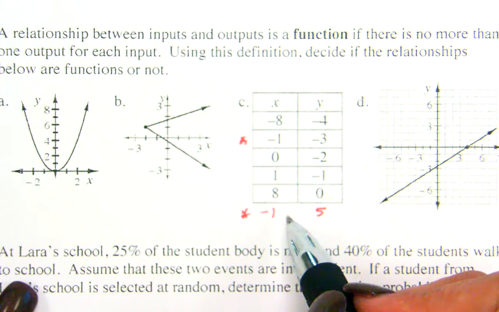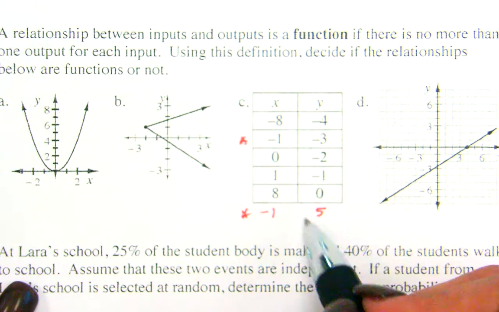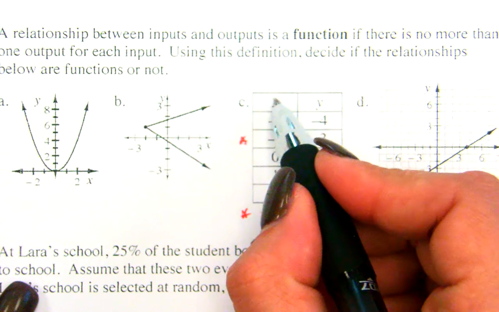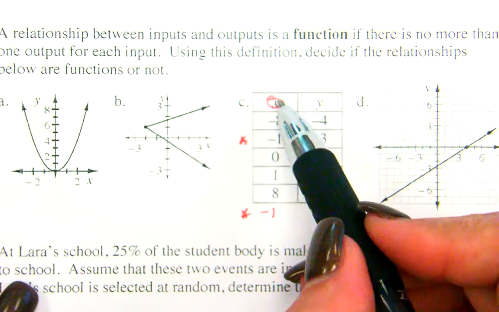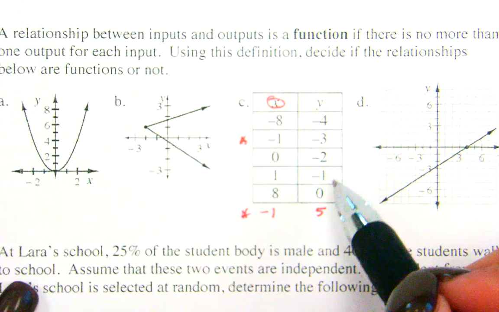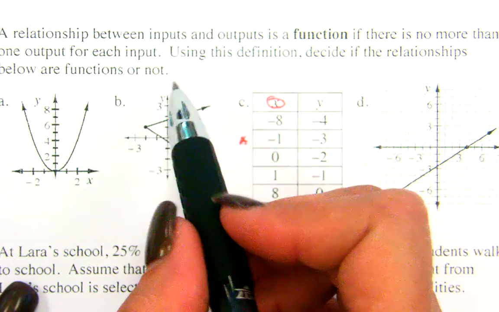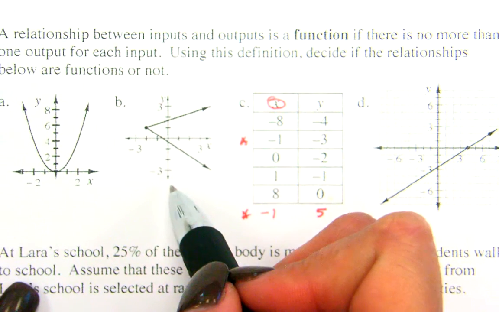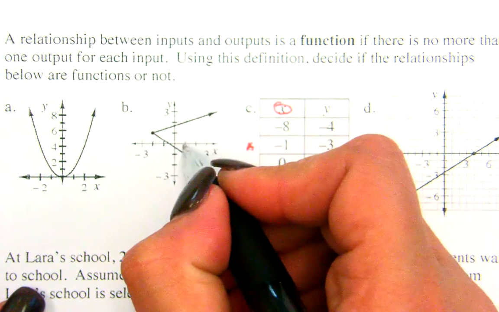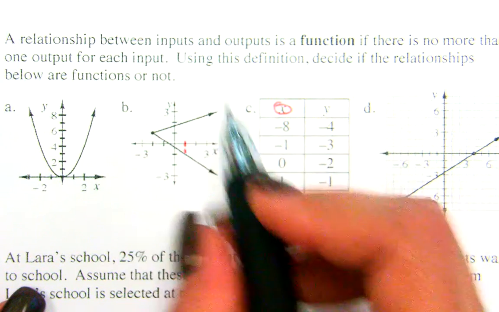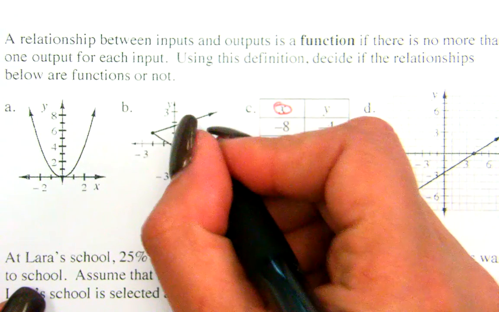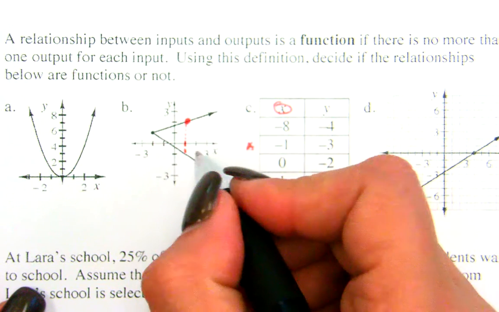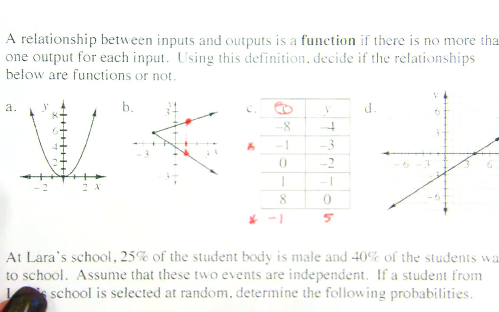So looking at it from this standpoint, you cannot have more than one of the same X value that gives you different Y values. You can take that to part B. If you look at part B, 1 as the X value hits the graph up at the top, and it also hits the graph down here at the bottom.